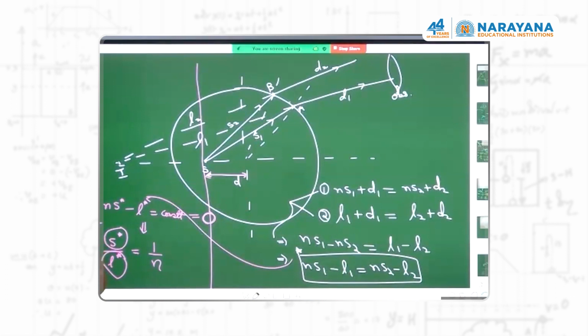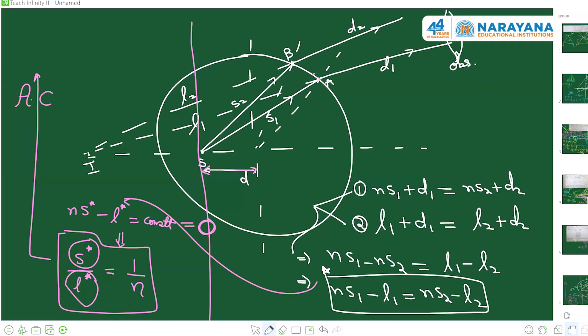Once I get this result, indirectly I land up on the concept of Apollonius circle, which we have studied in potential also. Because what we are now trying to say is that the fact that this is a circle, so Apollonius circle converts into Apollonius sphere now in 3D.